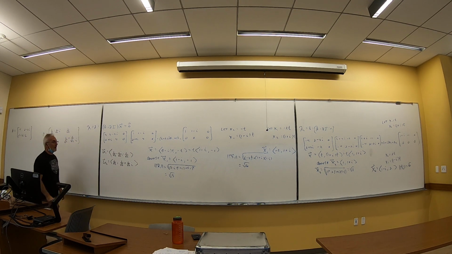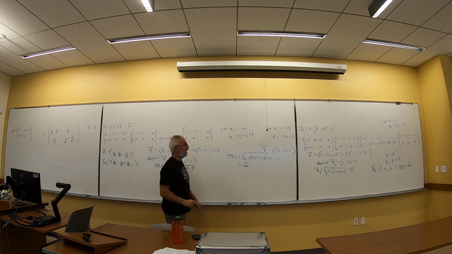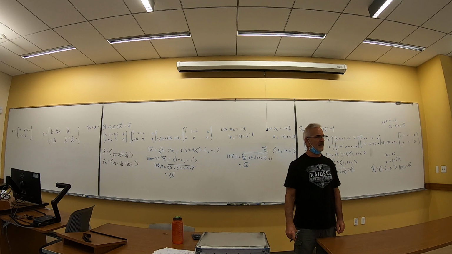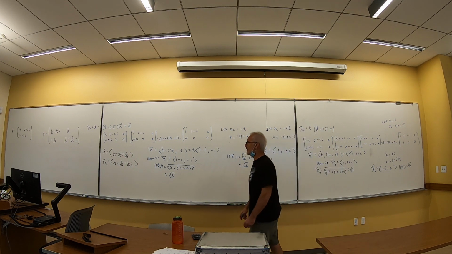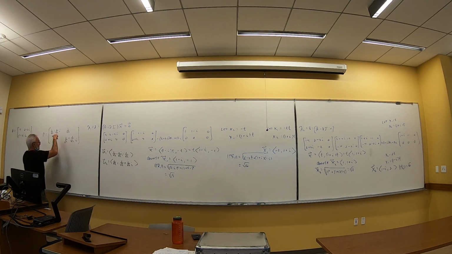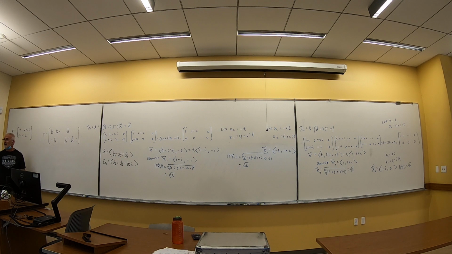Now, I called my first eigenvalue 2 and I called my second one 8. Do you have to stick with that order, or could you have done it in reverse order? And if you did it in reverse order, what would your P matrix look like? These columns would be switched, wouldn't they? Oh my goodness. Nothing about this answer is unique, is it?